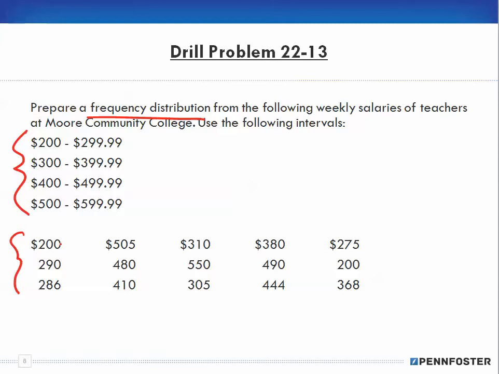So what we're doing is we're going to say, okay, here's my 200. That fell within this range.